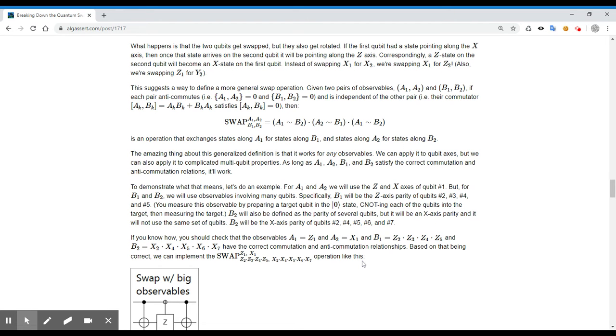For A1 and A2, we'll use Z and X axis of qubit 1. So you're saying that B1 is the Z-axis parity and B2 is defined as the parity of several qubits, but the X-axis parity.